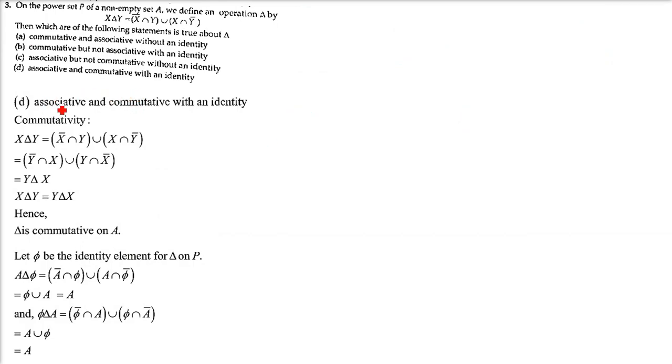Now coming to the associative part, commutative we have already done. So X triangle Y, you have to introduce Z also. So X triangle Y triangle Z, if it is equal to X triangle Y triangle Z, first we operate X and Y, then we operate Y and Z. Now if I start writing it, because it is a bigger expression, it will not be feasible or advisable to do it right there.